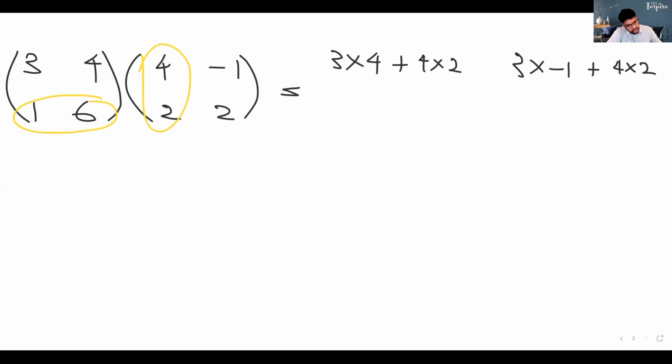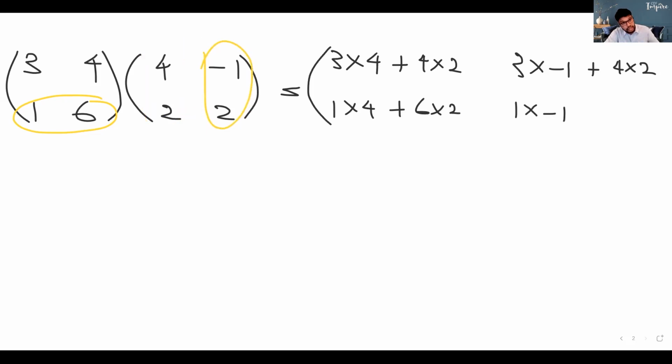So that is 1 times 4 plus 6 times 2, children. And finally, I go to the last column, which is 1 times negative 1 plus 6 times 2. Okay, so that is my multiplication done.